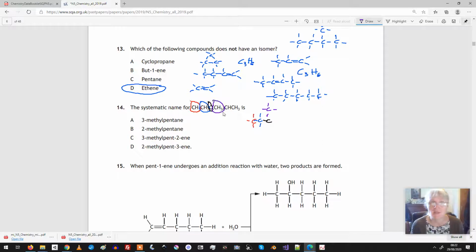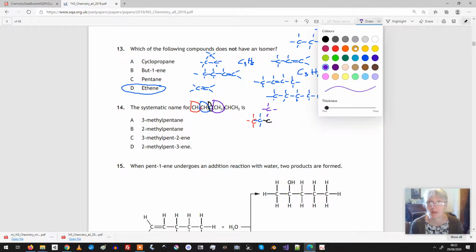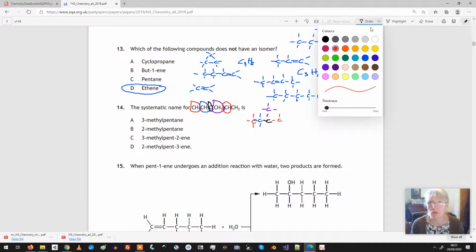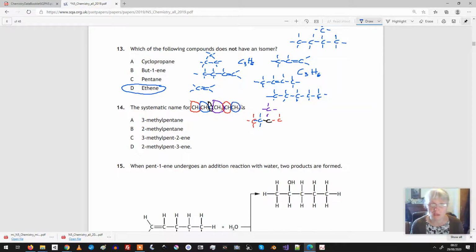You can tell it's a branch off to the side because it's in brackets. And then I'll do this bit, which is a CH. And then I shall do this bit, which is a CH3.